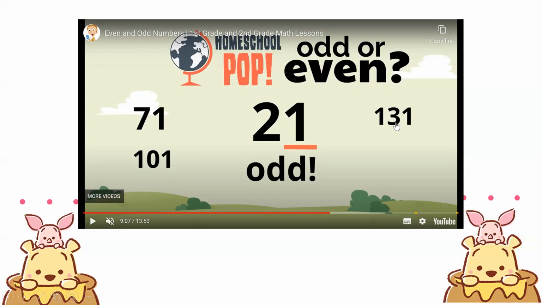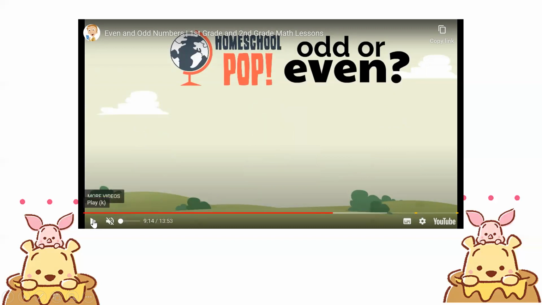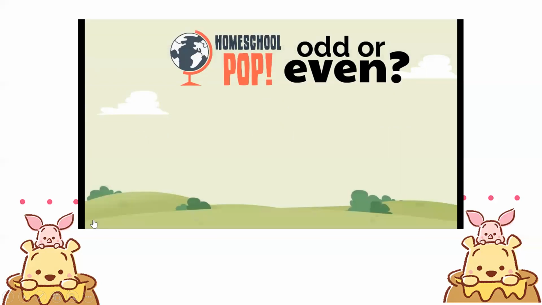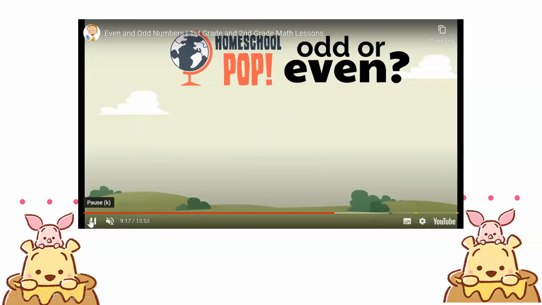Then 131 is odd because one is at the end and one is odd. Similarly, 1001 is odd because one is at the end. So any number you can find out with the help of this trick.